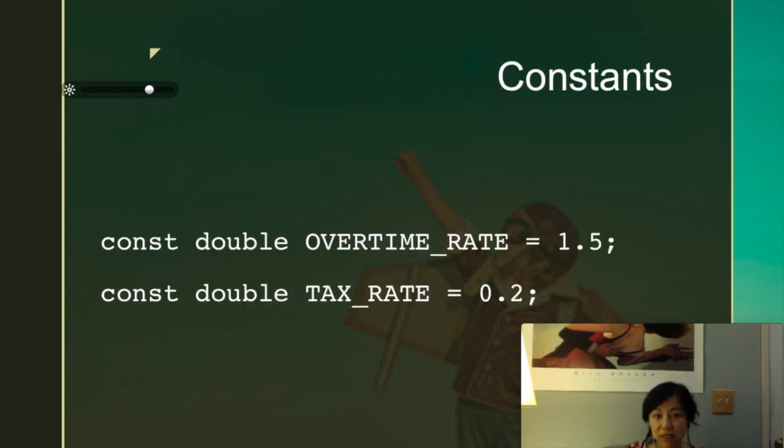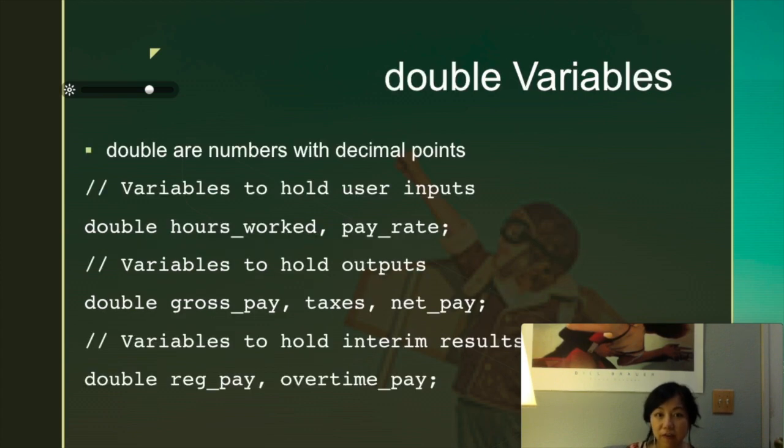Next, we have two numbers that would not change during the time of running this program, and so we declare them as constants. A constant is something that does not change during the time of the program. These are variables because they vary. If the user types in 100, it becomes 100.